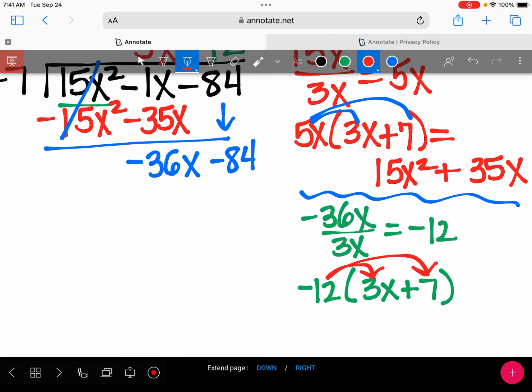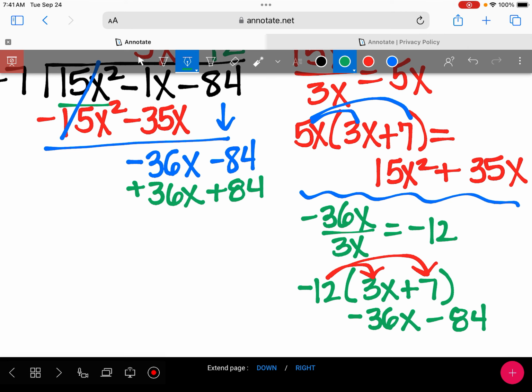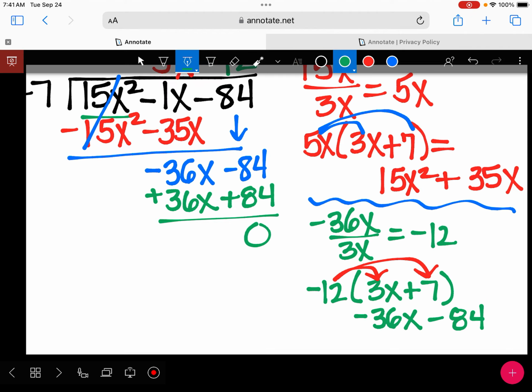So negative 12 times 3 is negative 36x. And then negative 12 times 7 is negative 84. So when I slide it over, I'm going to do a change. So that becomes a positive and a positive. And we end with a remainder of 0.